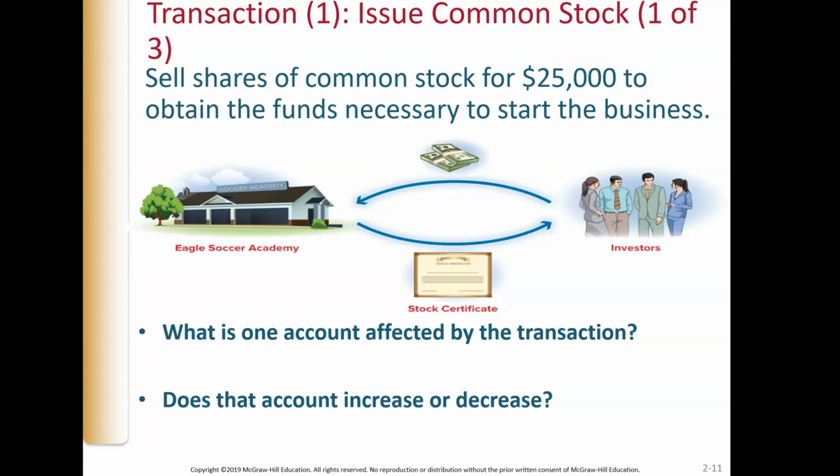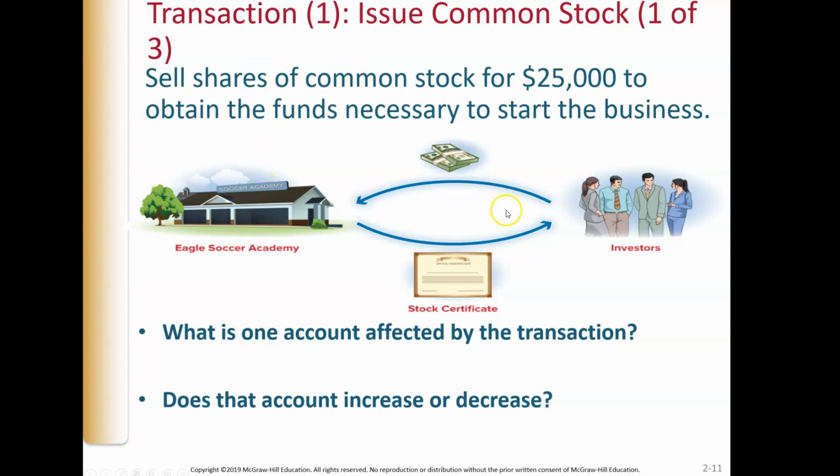Well, you have to understand that the company is a separate entity. It's issuing common stock to the people that will become the owners of the company. So when the company sells shares of common stock, the company gets cash, and the shareholder gets a stock certificate.